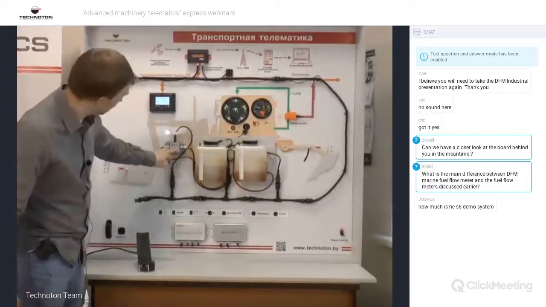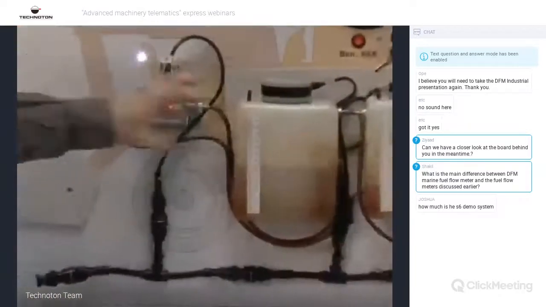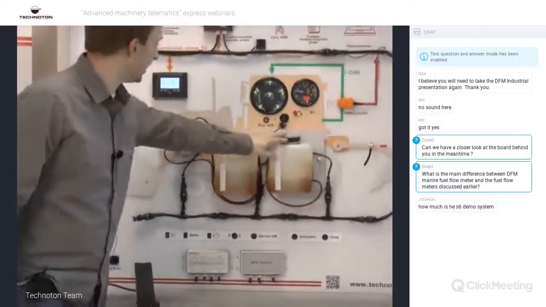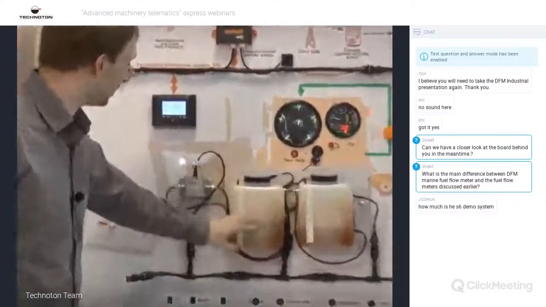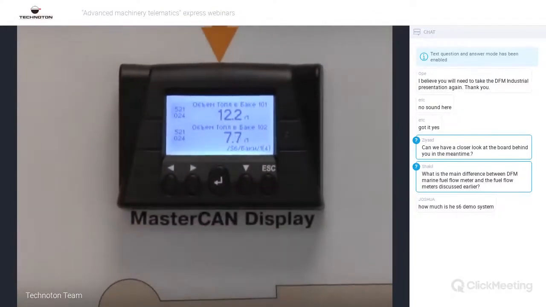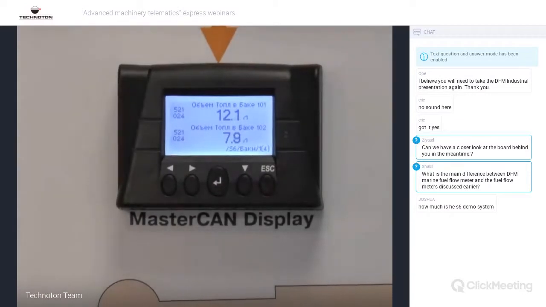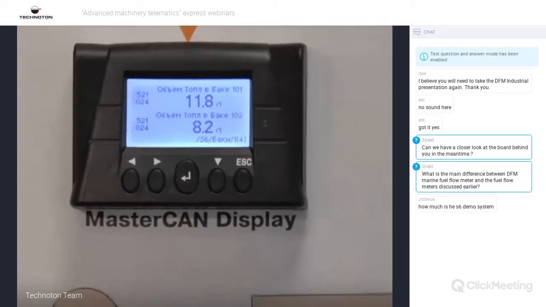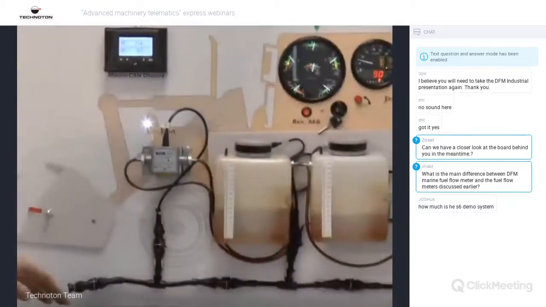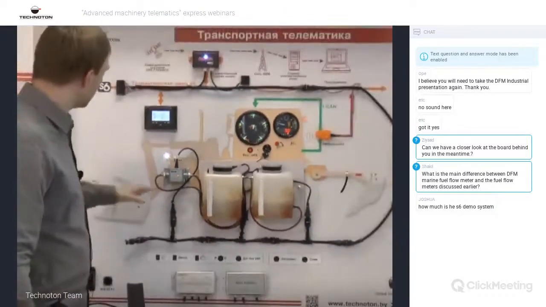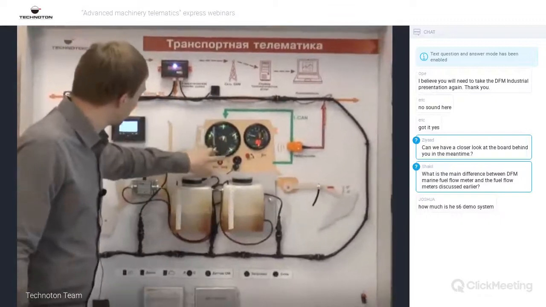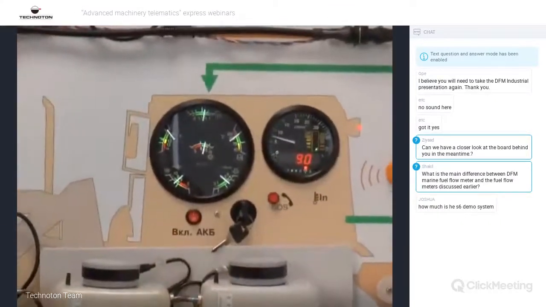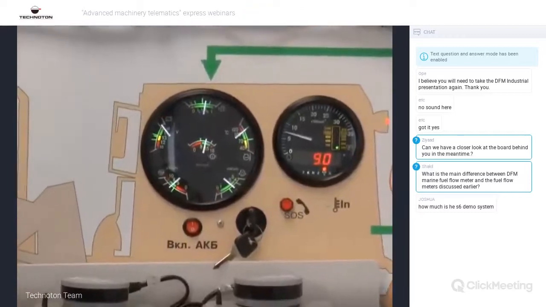Flowmeter is counting. Indicator calculates the pulses. Fuel level in one tank is dropping, in another tank is rising. Obviously, that's a demonstration stand, so we should find a way to push this fuel from one tank to another one. Also, you can see different parameters here on the dashboard when this tractor is running.